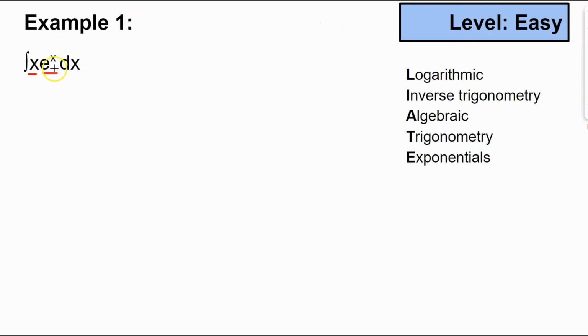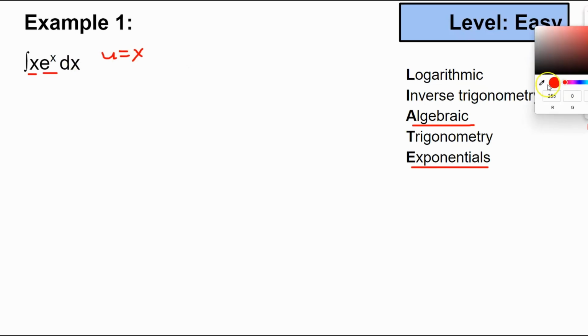Now, looking at our x and e to the power of x, and as we go down this list, which one comes first? Well, x is an algebraic and e to the power of x is an exponential. Algebraic comes first, so x becomes u, so u equals x. And e to the power of x does not become v, it actually becomes the derivative of v, dv.